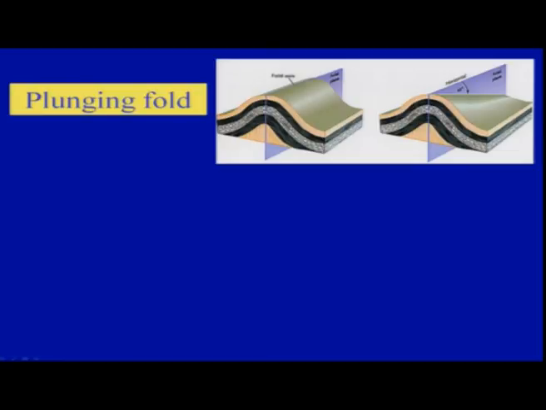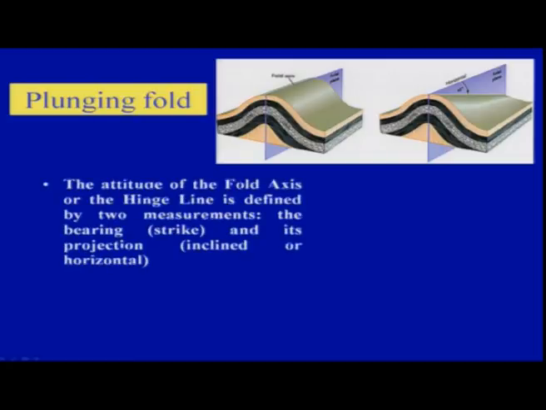So this will dip. The attitude of the fold axis or the hinge line is defined by two measurements: the bearing, that is the strike, and the plunge, its projection, in inclined or horizontal.